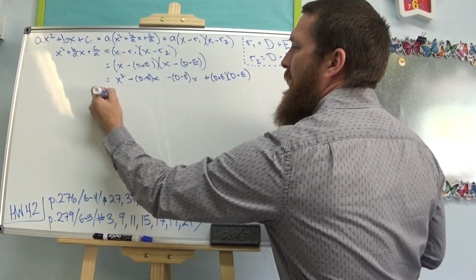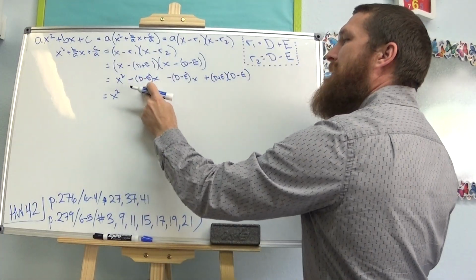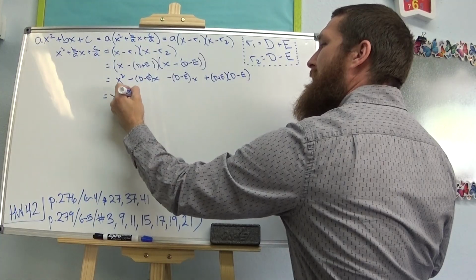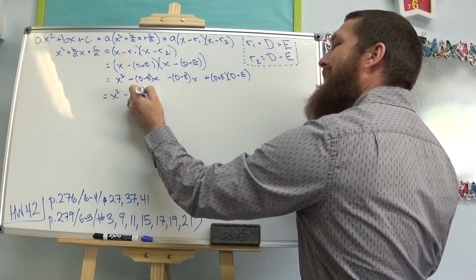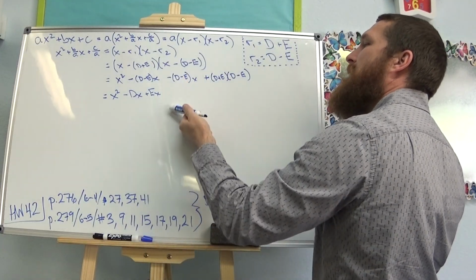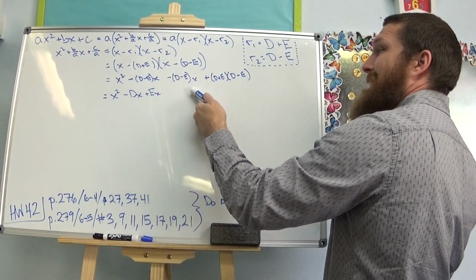I'm going to say, okay, X squared. The minus D plus E, the X comes in, and I get a minus DX plus EX when I distribute him. I distribute the minus in, I get a minus D plus E.